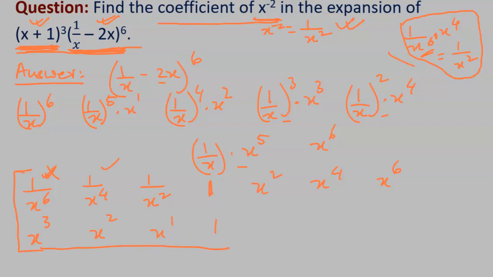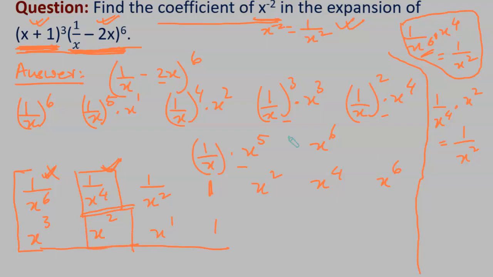Let me just draw this rough area. Okay. So 1 over x to the power of 4 should get multiplied with x to the power of 2 to give us 1 over x to the power of 2. So this one should get multiplied with this one. Okay.